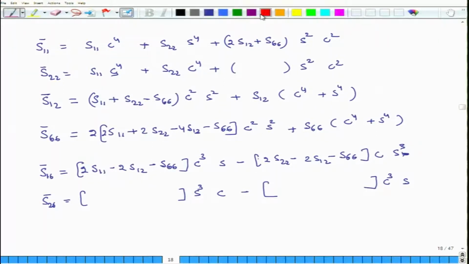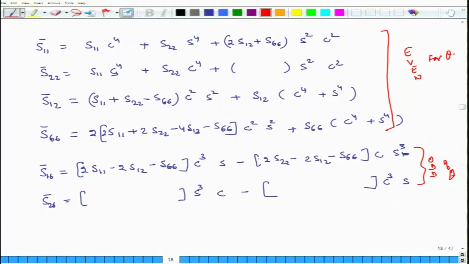So, once again we see that the first 4 elements are even functions of theta, and these 2 are odd functions of theta.